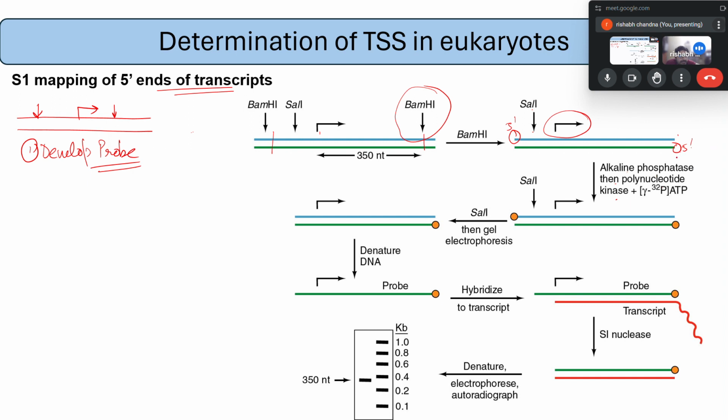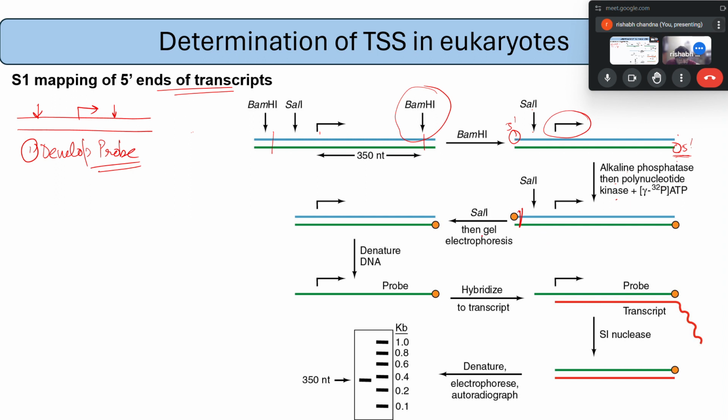This labels the 5' end of the DNA, sorry, not the RNA. So what happens if the 5' ends are labeled? Then we'll be able to detect the probe. So this was the main reason. Now, because both ends of the DNA will be labeled, SalI will be used to cleave off one of the ends.